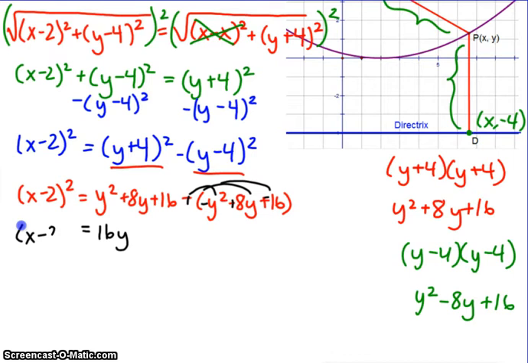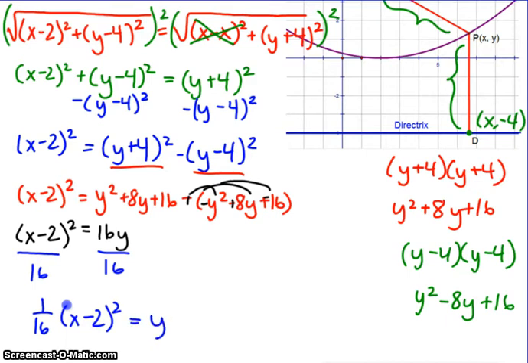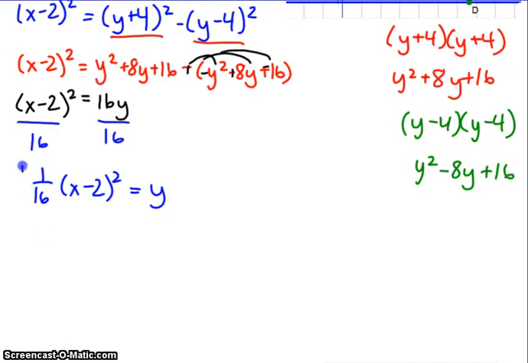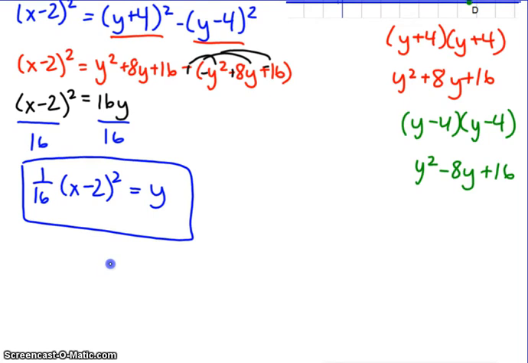So we're left with x minus 2 squared equals 16y. We still have to get the y by itself, so divide by 16 on both sides. This 16 is going to be 1 over 16. So the equation of the parabola using the distance formula is 1/16 x minus 2 squared equals y.